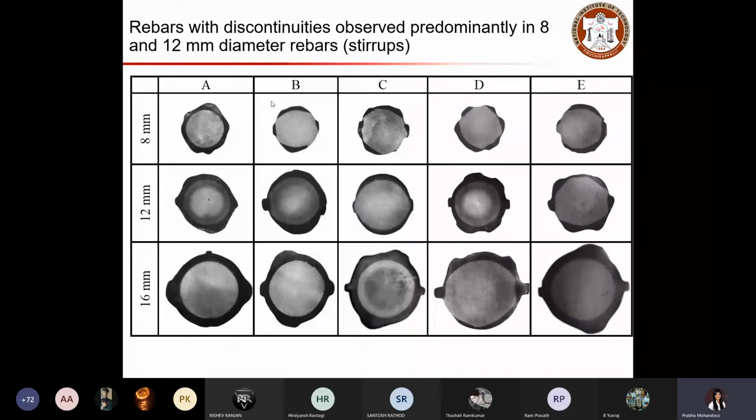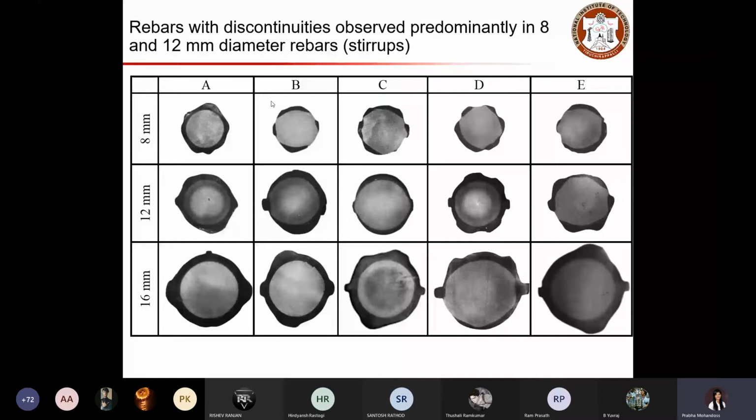You know that we have plenty of manufacturers who produce such TMT rebars. We have Tata Steel, JSW, and anything else that you know to add on? Vizag Steel.